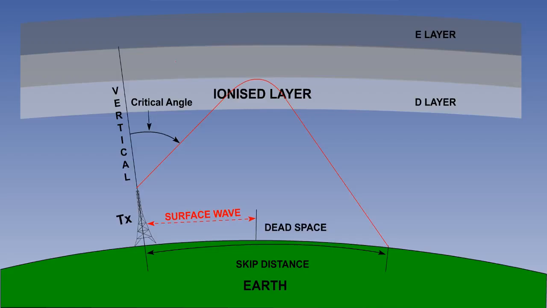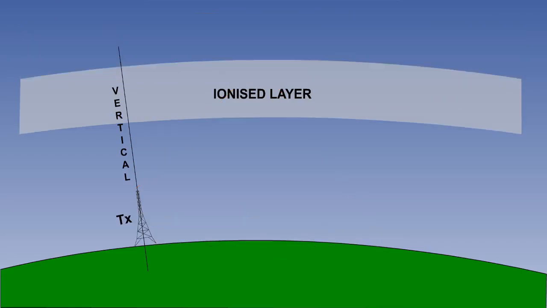By a simple application of the angles of incidence and reflection, we can also see that skip distance increases when the radio wave is refracted from higher up the ionosphere, such as from layer F1 rather than layer D.